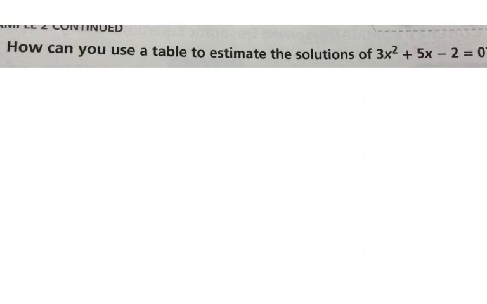So to get to the table, you're going to click second graph. Once you type this in, you go second graph to look at the table. And we want to look for where the Y value is 0.